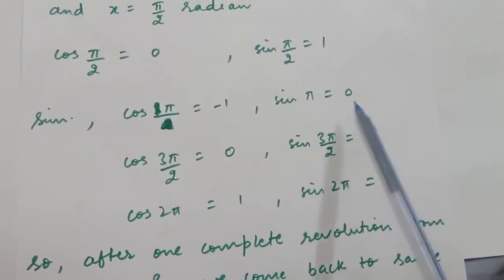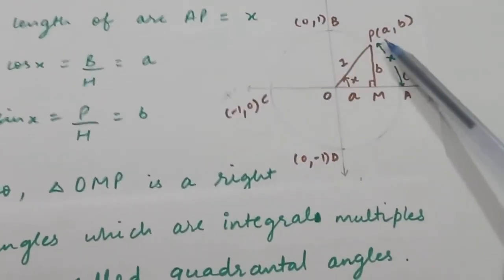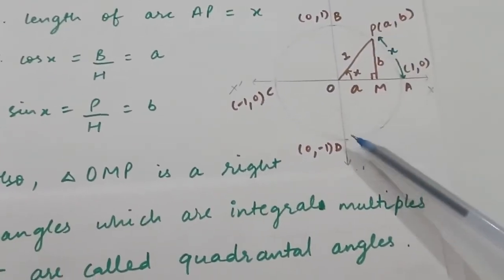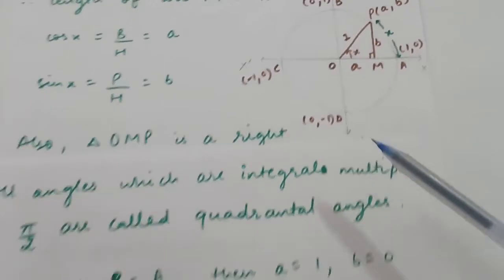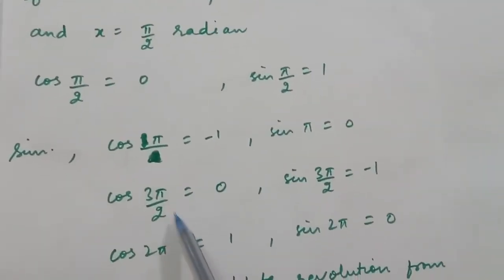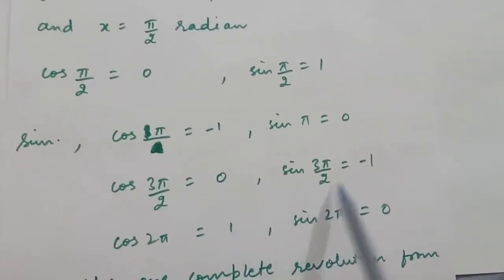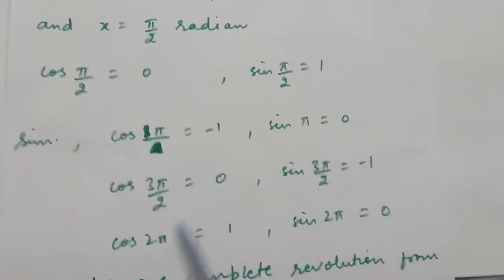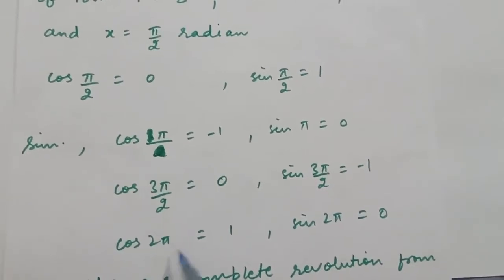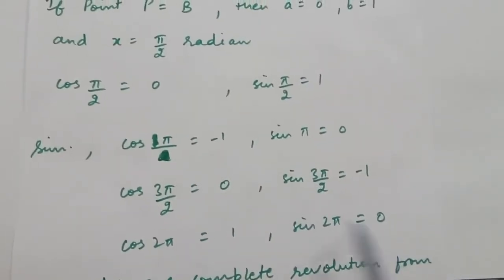pi is 0, and when this point P will become the point D, then you will check that cos 3 pi by 2, that is cos 270, will be 0 and sin 3 pi by 2 will be minus 1, cos 2 pi will be 1 and sin 2 pi will be 0.